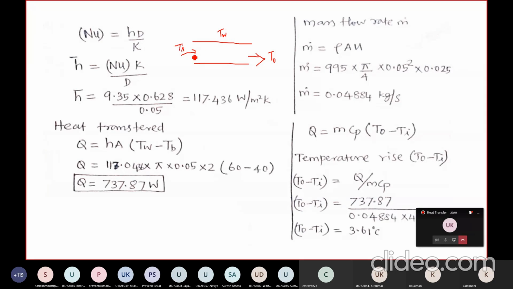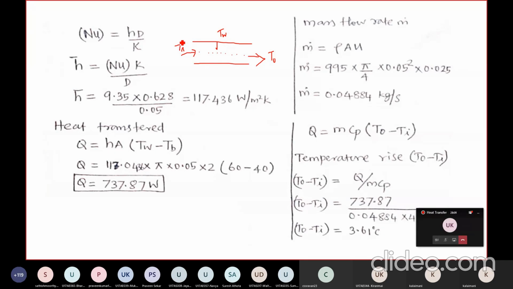When the fluid flows through this pipe, heat comes from the pipe wall to the fluid. Therefore, at each and every location the temperature keeps increasing from the inlet temperature until it reaches the outlet temperature. Therefore, I am taking the heat transfer from this. We take the bulk mean temperature.